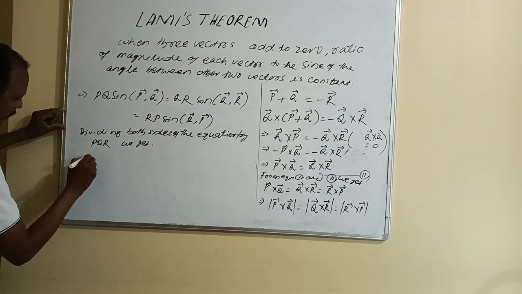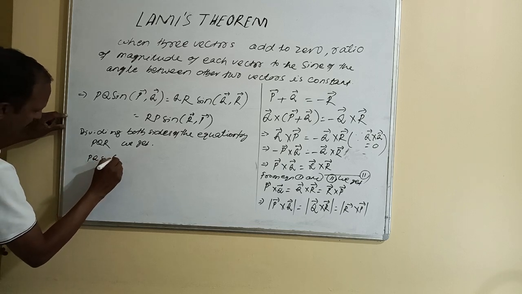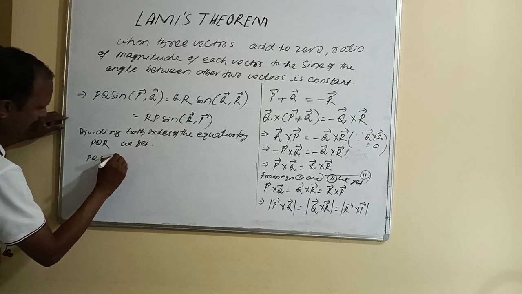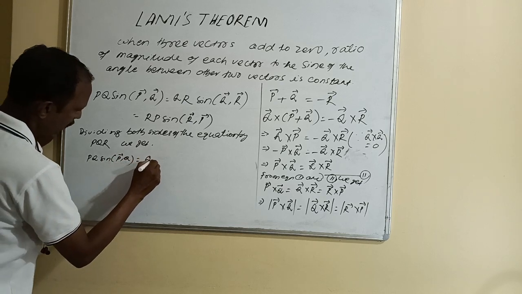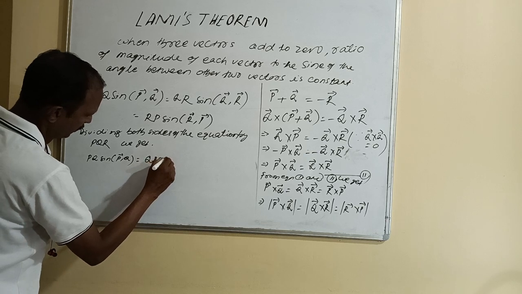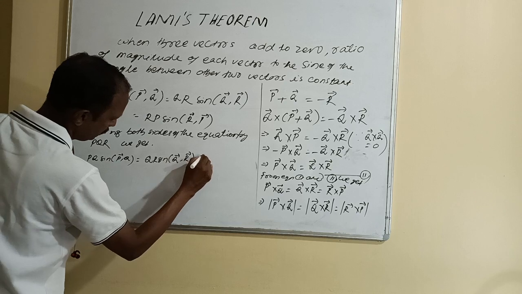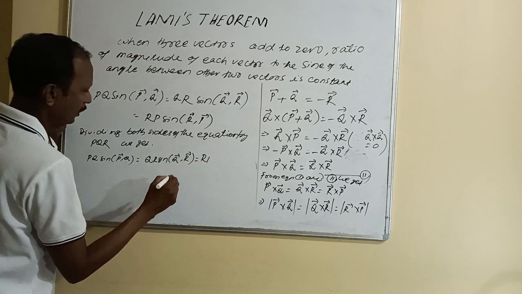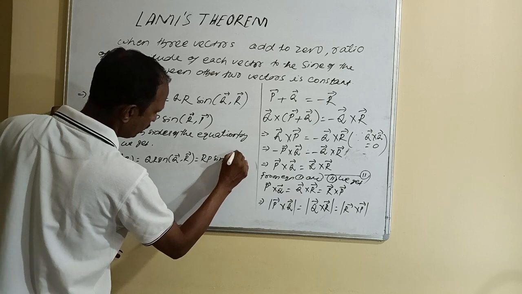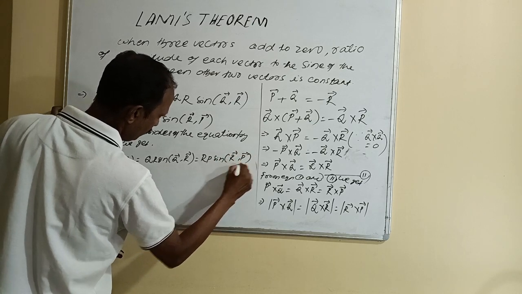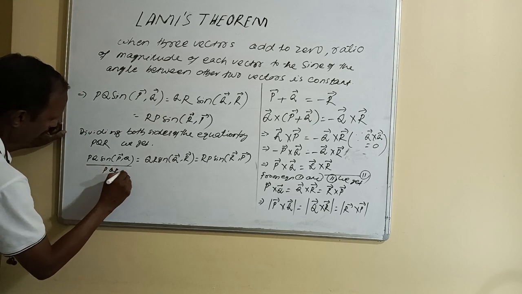You see that I am writing PQ sine of the angle between P and Q is equal to QR sine of the angle between vector Q and R. This is equal to RP sine of the angle between vector R and P, divided by PQR.